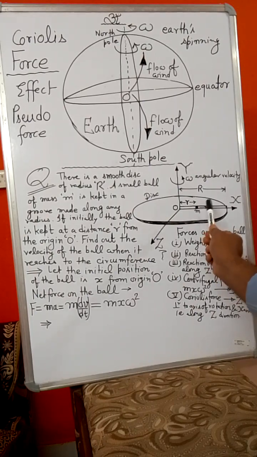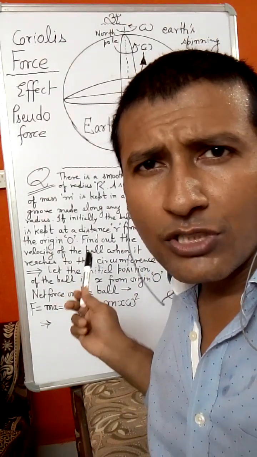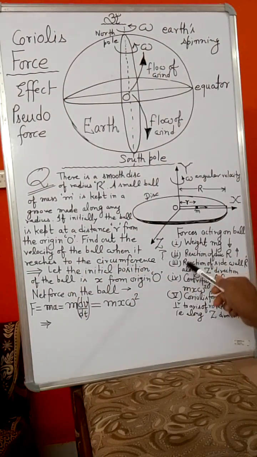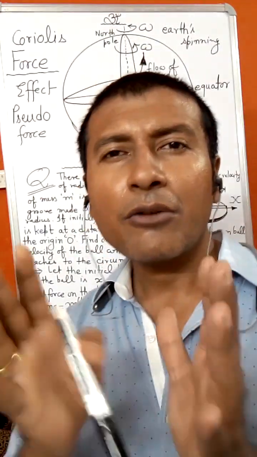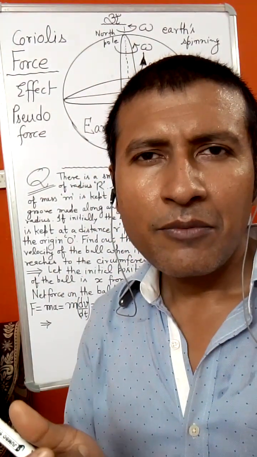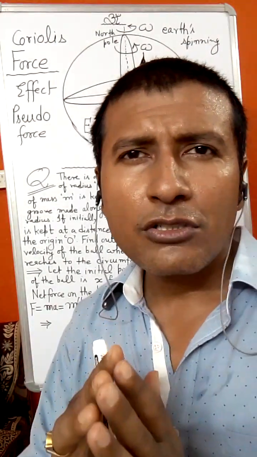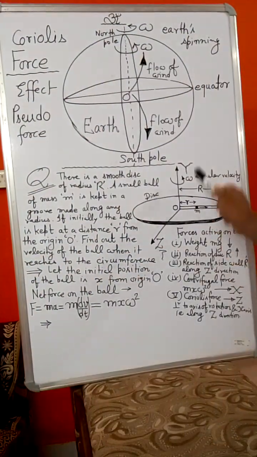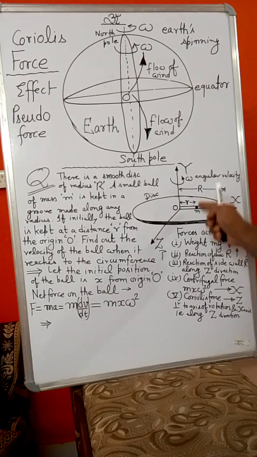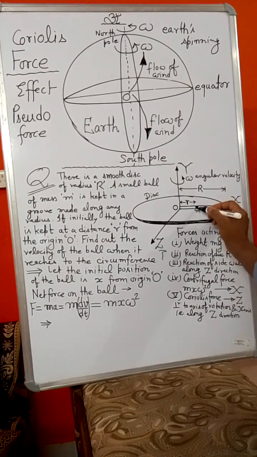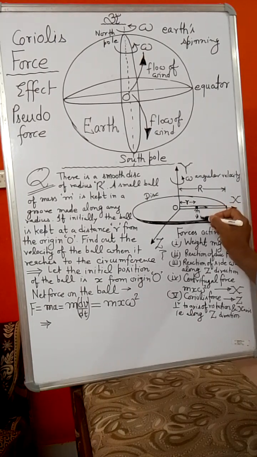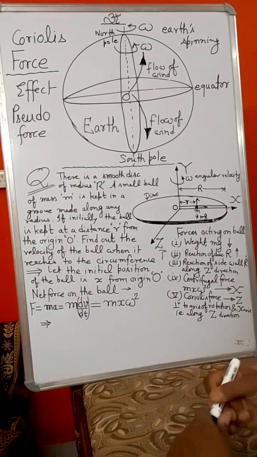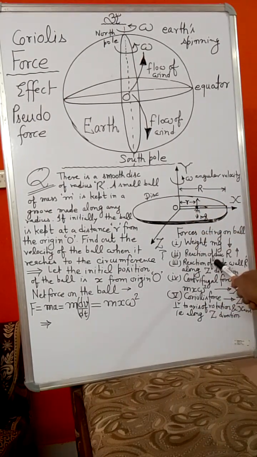First of all, let's analyze how many forces are acting on this small ball when it starts moving. First of all, its weight mg will be there, downward. Then the reaction force of the surface of the disc, perpendicular to the surface.